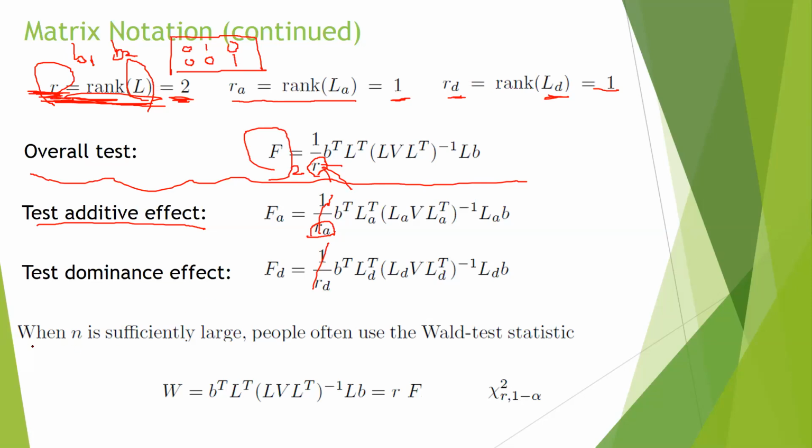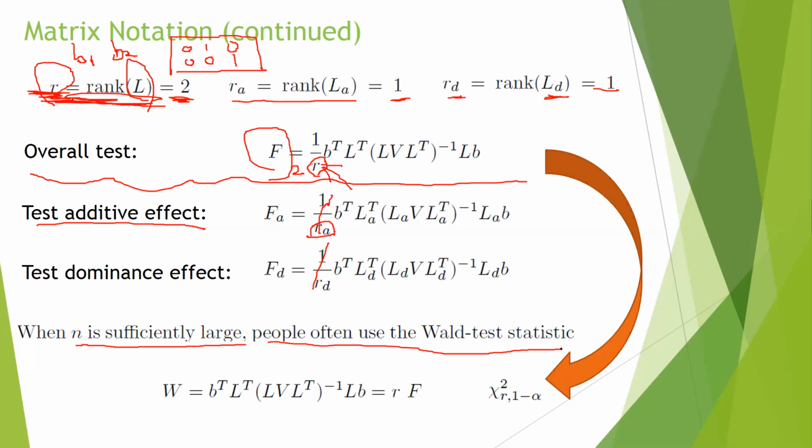Okay, so as I mentioned, when you have sufficiently large data points, so if N is extremely large, we often use the Wald test statistic rather than the F test. This is the relationship between the Wald test and the F test. Also, R here is the rank of the design matrix.